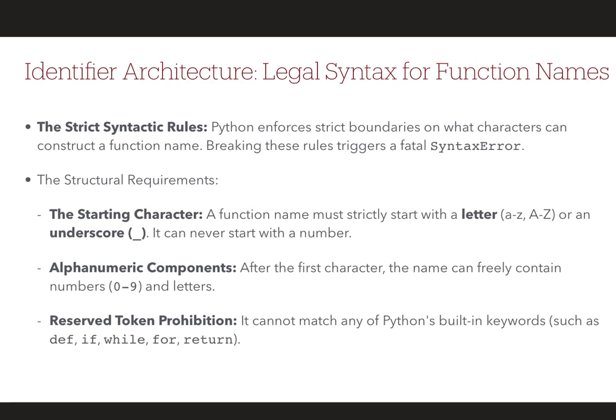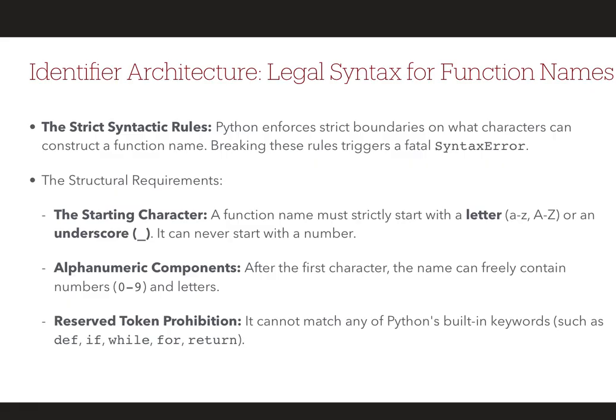So when I name a function, you need to follow the same rule as the names of the variables. The first letter must be an underscore or a letter, and you can combine some letters and numeric values and underscore, but the first letter must be either a letter or underscore.